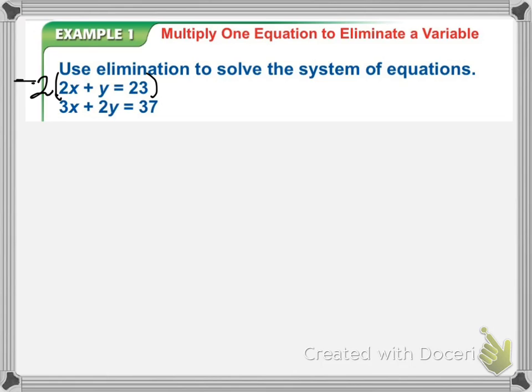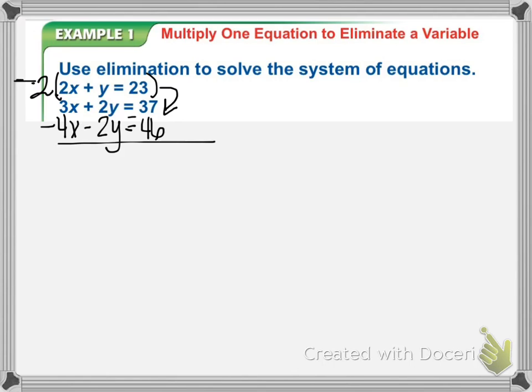So go ahead and distribute that -2. Make sure you remember to multiply each and every term in the parentheses or in that equation. So when you do that, you're going to get, and I'm going to write it underneath the original, -2 times 2x is -4x minus 2y equals -46.